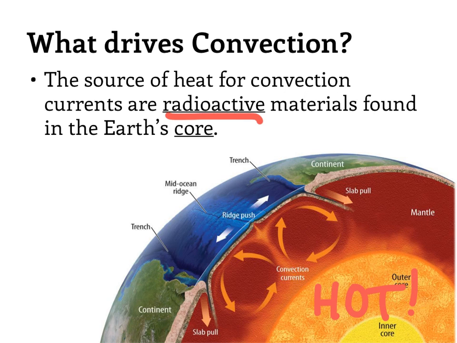So that hot material drives this convection current, causing the warm to rise and then eventually causing the cool to sink. And it's important that we note that this warm and cool, they're still thousands of degrees. It's just cooler here relative to the warm that's rising upwards. And that motion inside the earth creates then this movement here that we see on top, like the conveyor belt or like the boat on the water.